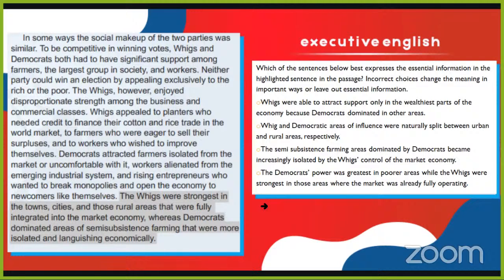The Whigs were strongest in the towns, cities, and those rural areas that were fully integrated into the market economy, whereas Democrats dominated areas of semi-subsistence farming that were more isolated and languishing economically.